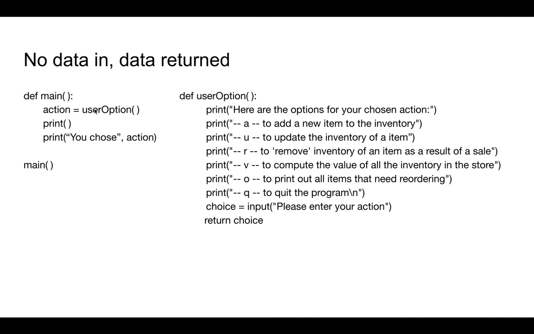And then that value will be assigned to the variable on the left, in this case, the variable action. And then I will verify that that worked by printing out the value of action afterward.